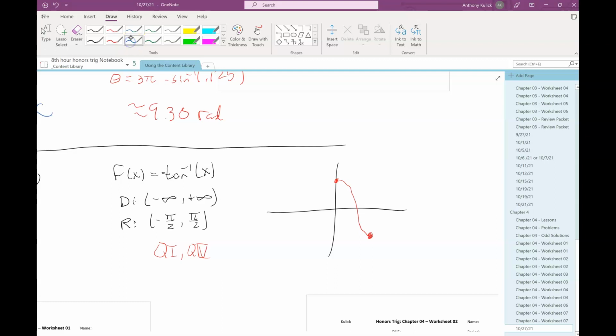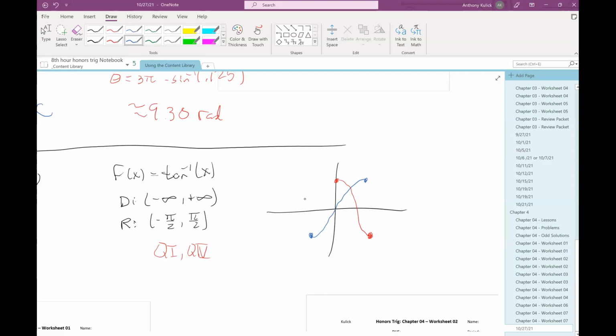So for sine we went from min to max. It just depended on what the shape of the original graph looked like.